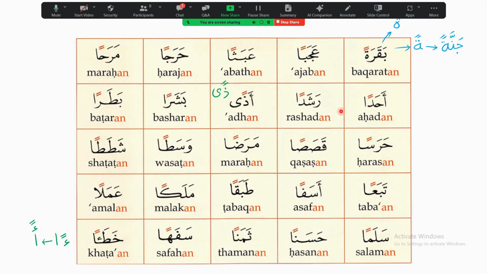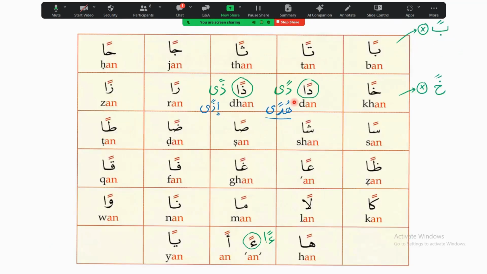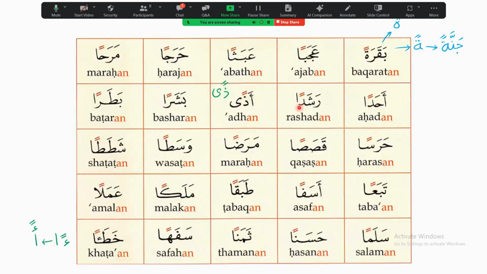Roshadan. So yes, I told you that sometimes you see that dal letter and on top of that you see a fathatain, but after that what you see here is an alif. In the previous example, in the example of hudan, after the tanween of fathatain on dal, we saw a ya written, but here we see an alif as well, right?